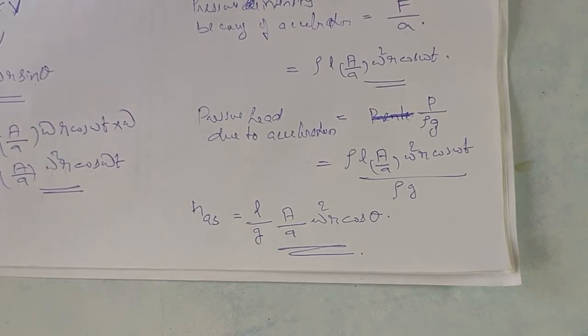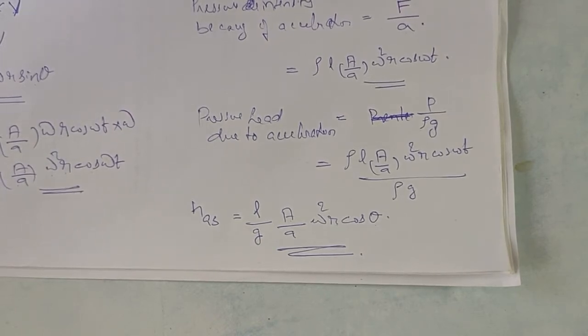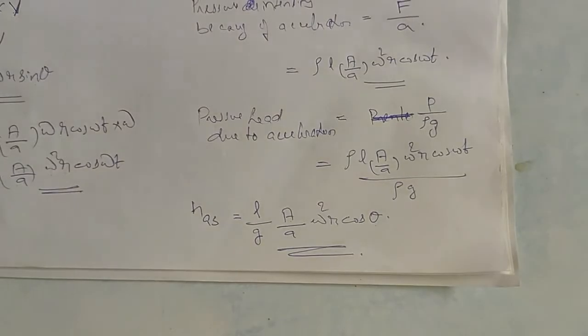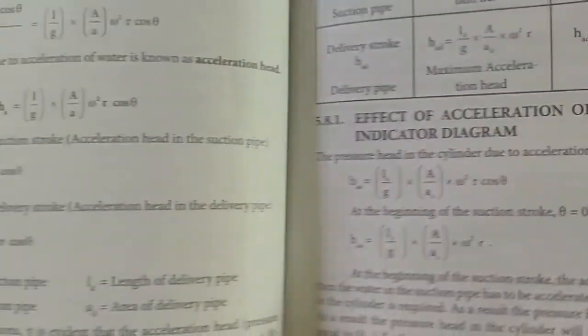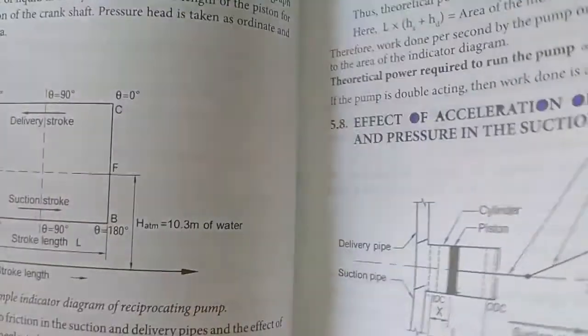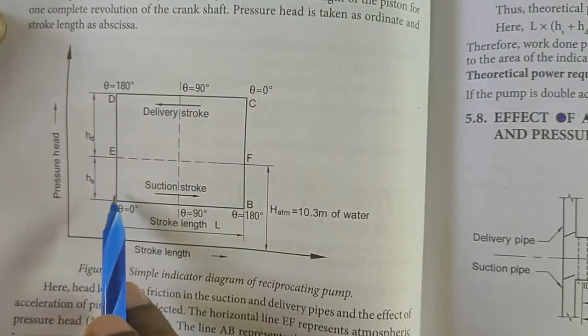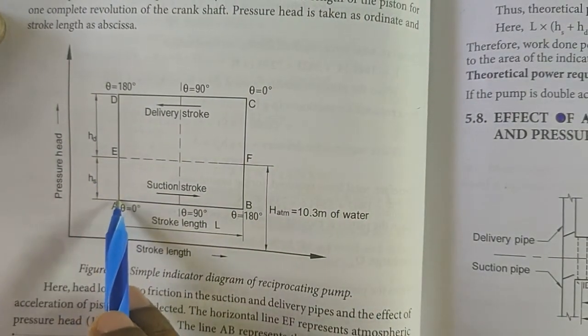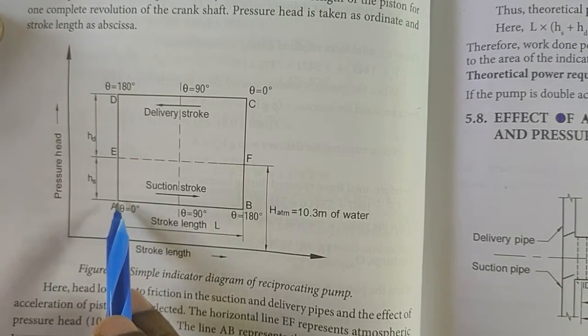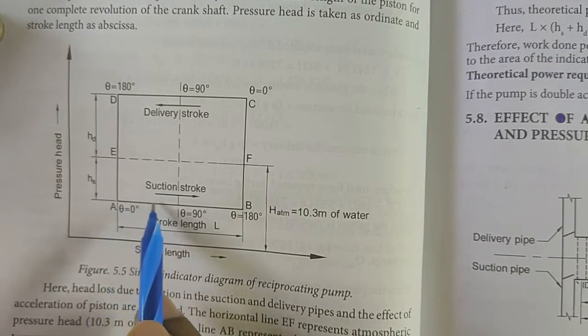Now we will discuss what happens to the indicator diagram because of this acceleration head. Previously we took the simple indicator diagram where there are no other pressure heads. Here you can see we have considered only the vacuum created. We haven't considered the acceleration of the piston.